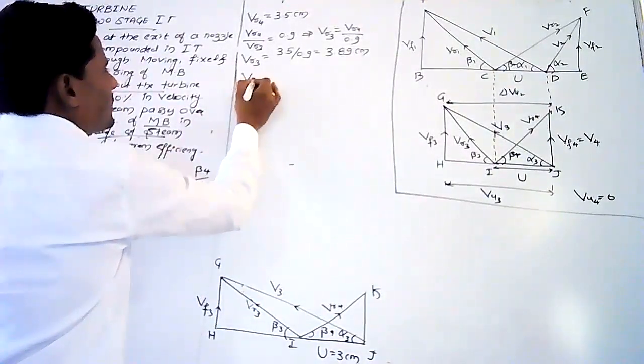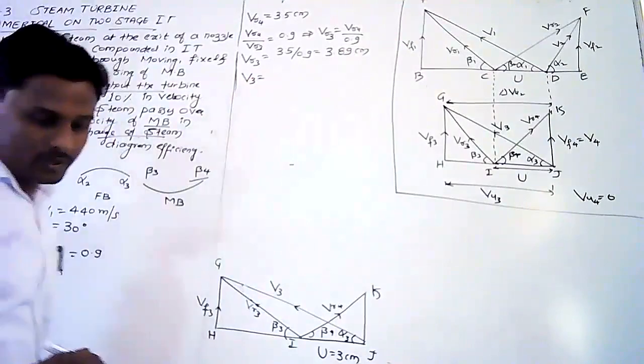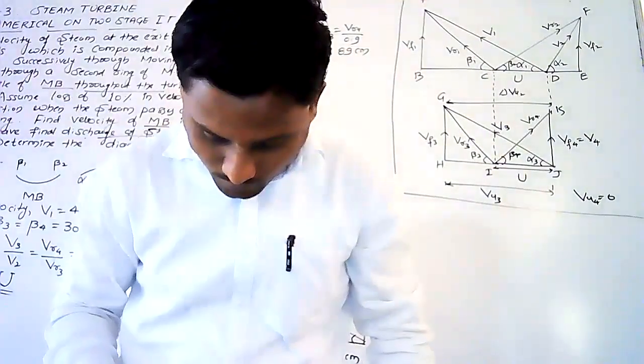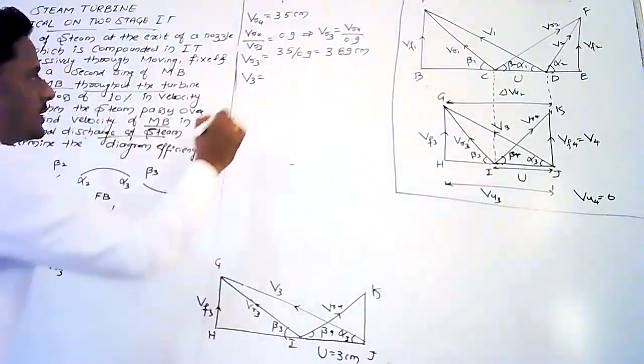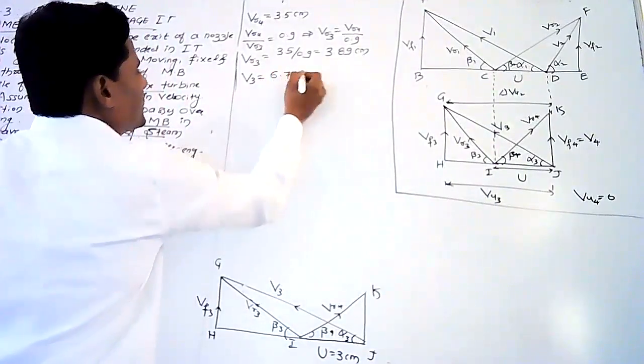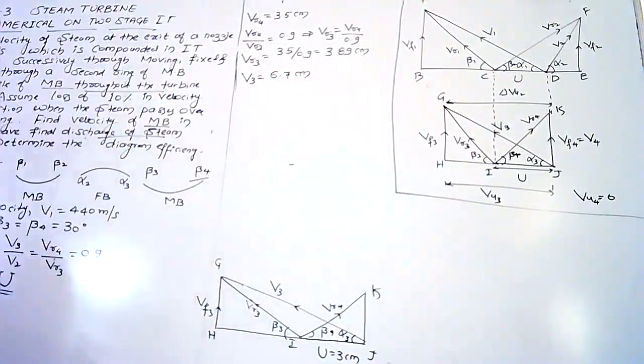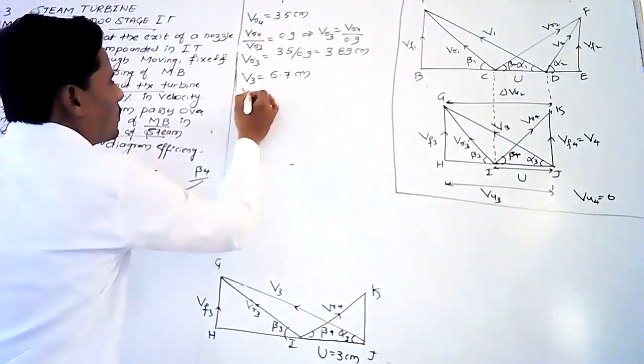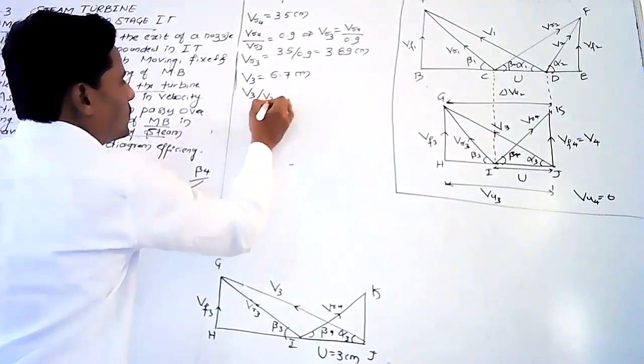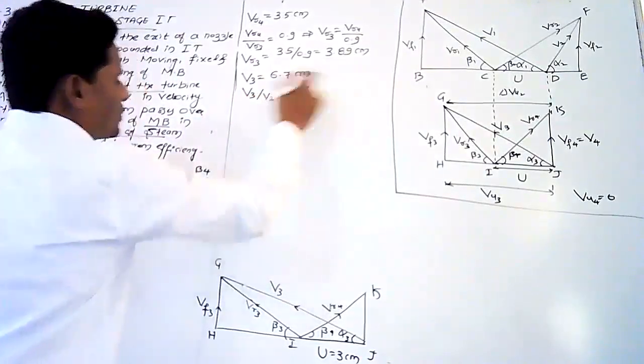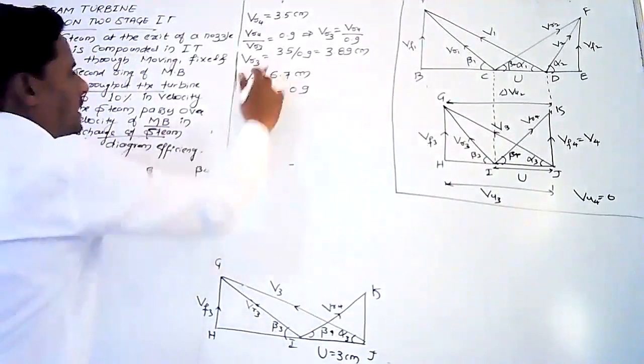Upon measuring the length of V3 here, the expected value for V3 is 6.7 centimeter. And again we know the ratio V3 by V2 equals 0.9. Just do the cross multiplication and get the value of V2.